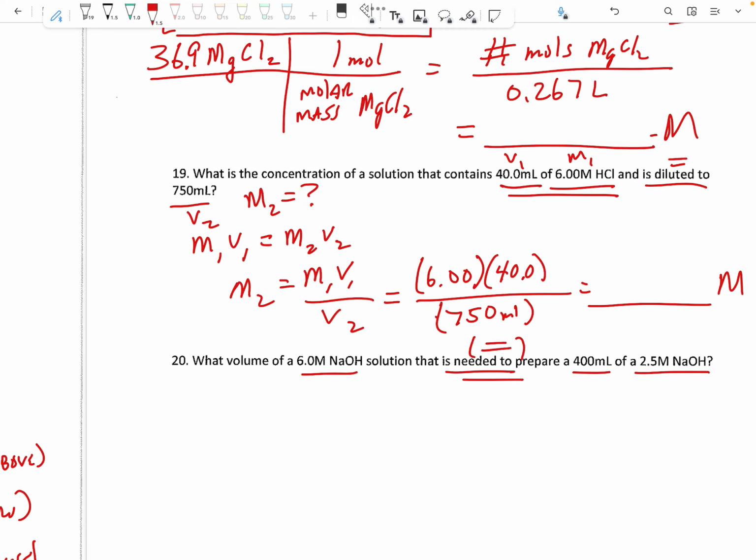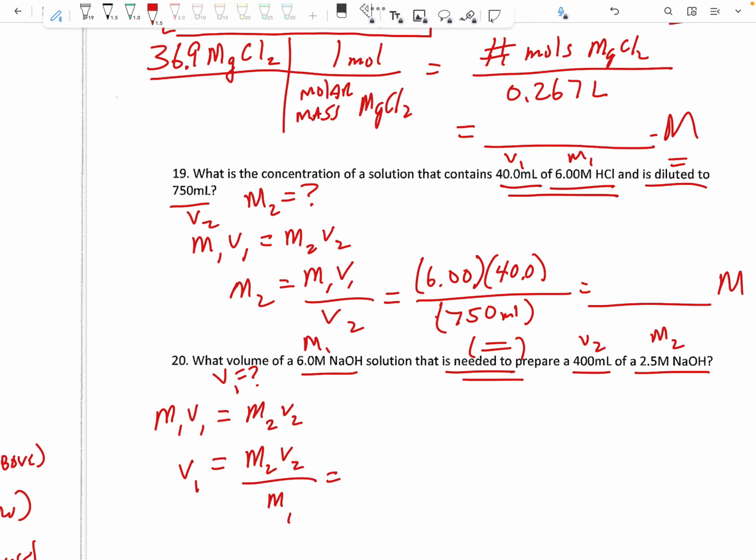So this will be our M1, this will be our V1, we don't know what it is. This will be our V2, and this will be our M2. So our equation is M1 times V1 equals M2 times V2, and simply rearrange it to find V1. So V1 is going to equal M2 times V2 divided by M1.